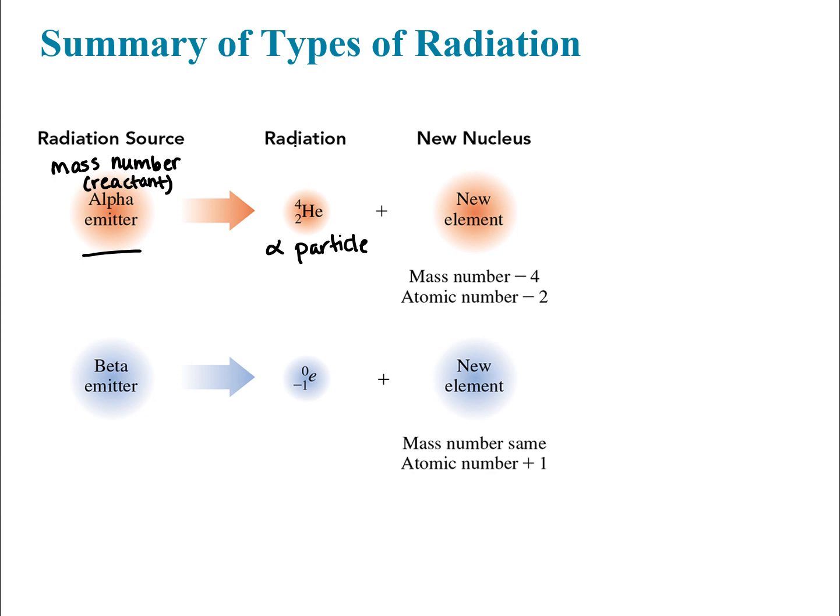Whatever the mass number is on that side has to equal the sum of the mass numbers on the product side. The same thing is true for the atomic number.